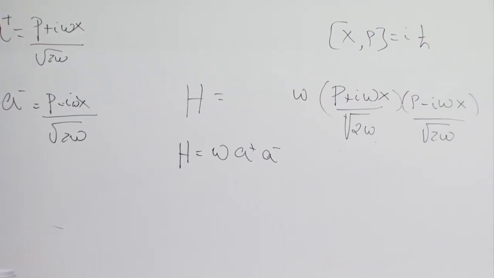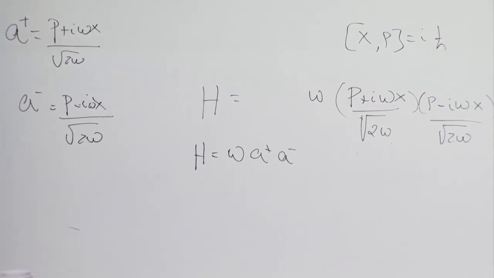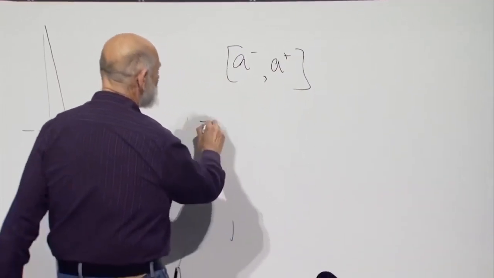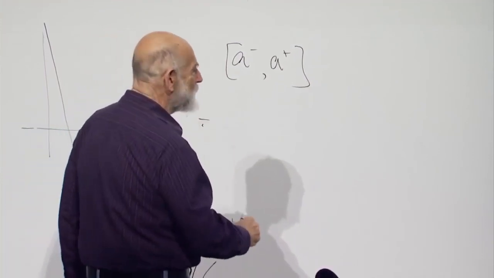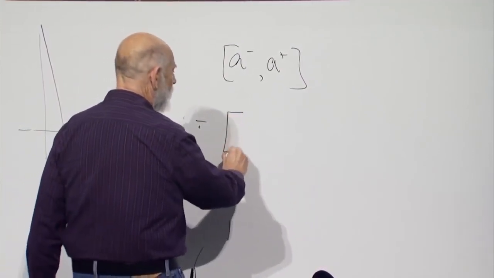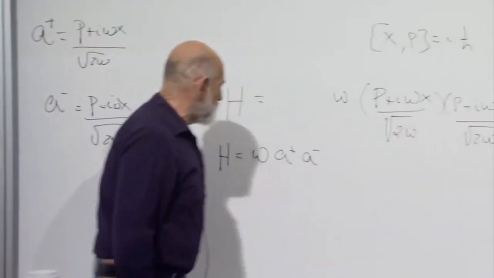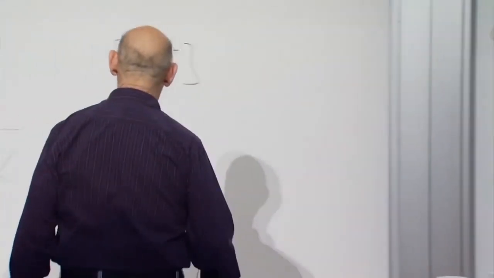Okay, so let's take the commutator of A minus with A plus. Now, there's going to be a 2 omega downstairs, 1 over 2 omega.